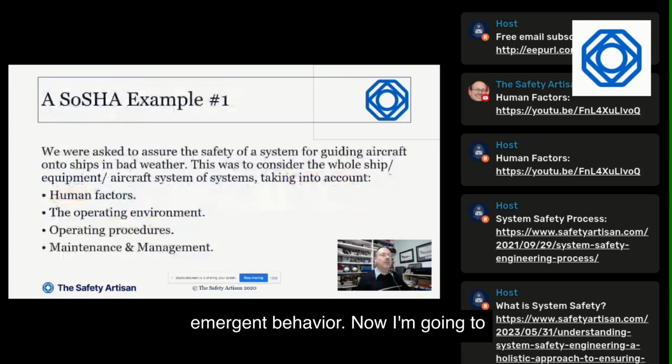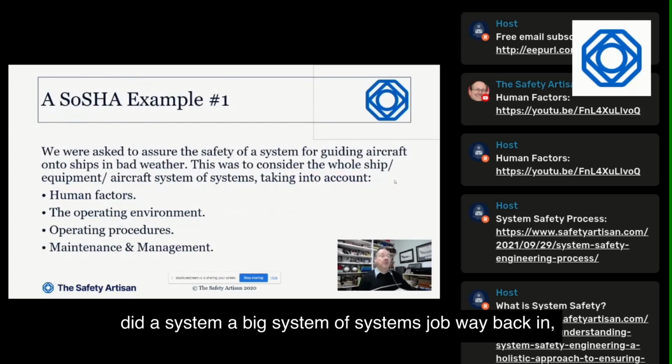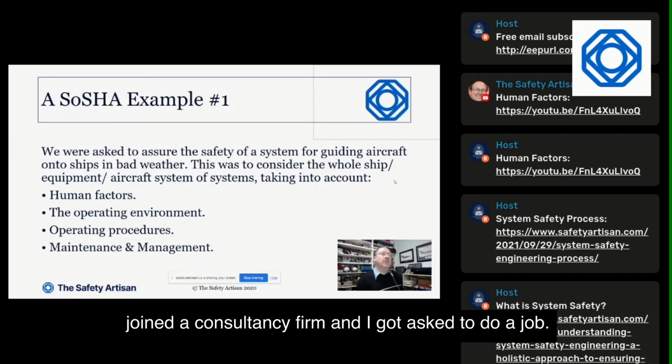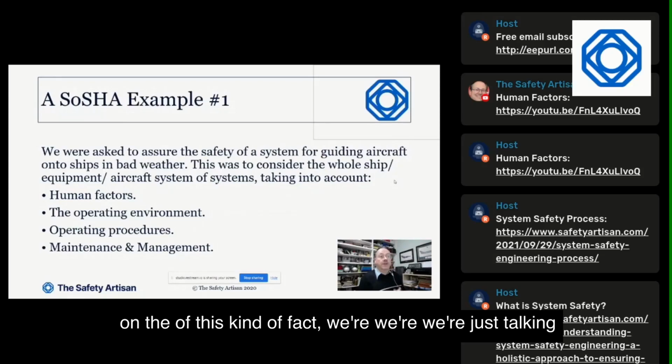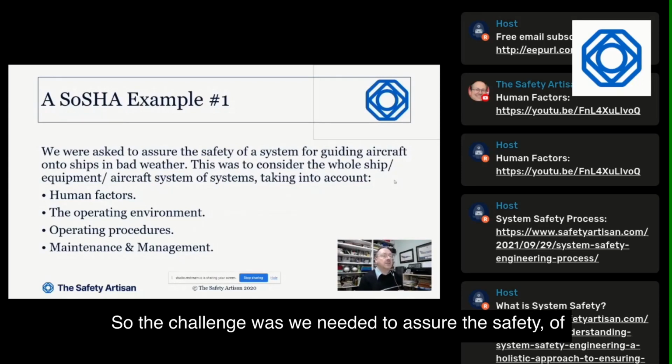Now, I'm going to talk about this using an example, because I did a big system of systems job way back in 2006, I think it was, when I'd just left the Air Force and joined a consultancy firm, and I got asked to do a job of this kind. We're talking about a slightly disguised system of systems here.